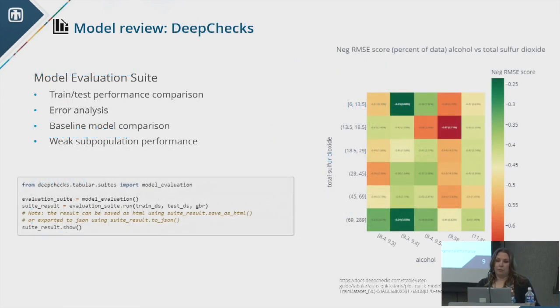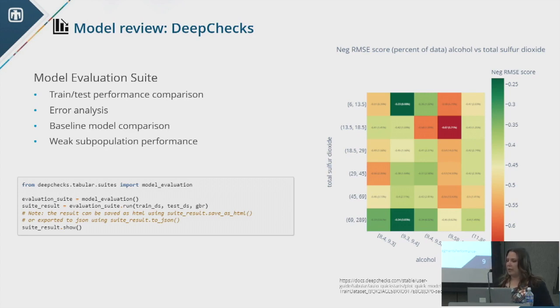And then back to deep checks. Again, this is another example where 4 lines of code, I think this is currently limited to scikit-learn models or models that implement the functionality of scikit-learn. With 4 lines of code, you can run an evaluation suite, compare train and test performance, error analysis compared to baselines.